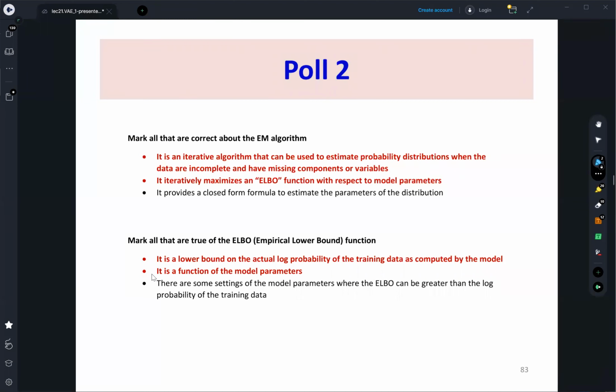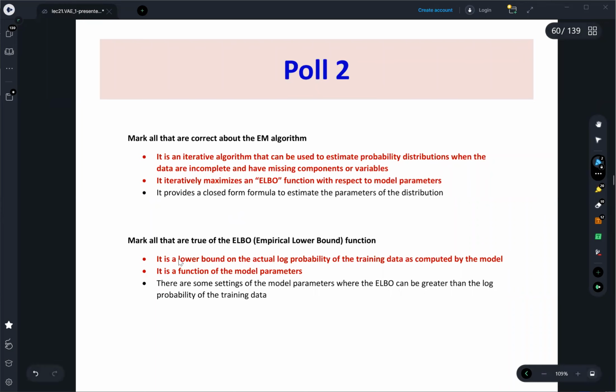Let me say this. EM is an iterative algorithm that can be used to estimate probability distributions when the data are incomplete and have missing components or variables. It iteratively maximizes a lower bound function. It does not mean that there's any closed form formula. All you're doing is simplifying the formula that you're optimizing, but there's still no guarantee that your formula will have any closed form.